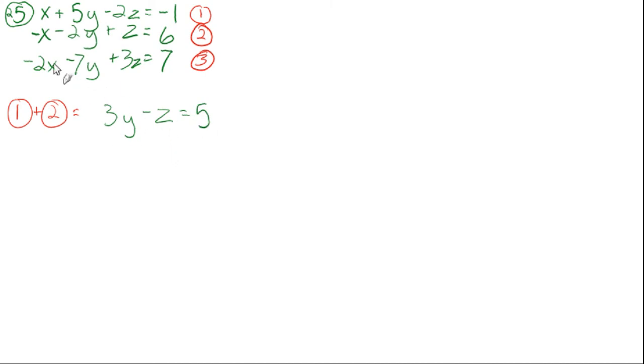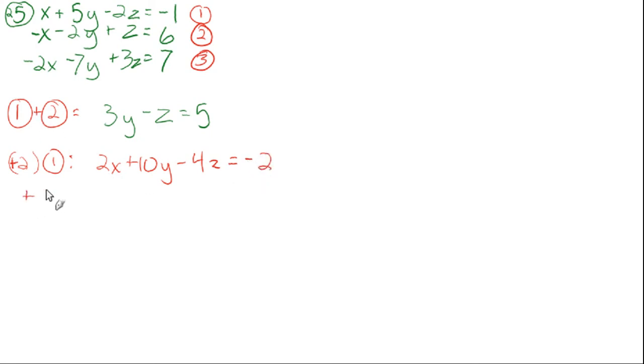Now, we got a negative 2x. We need a positive 2x to cancel out with it, so we'll use this positive x, and we'll just multiply it by 2. Okay, so we'll take negative 2 times equation 1. No, not negative 2, positive 2. Positive 2 times equation 1. And we'll get 2x plus 10y minus, this will make it a 4z, minus 4z, equals negative 1 times 2 would be negative 2.